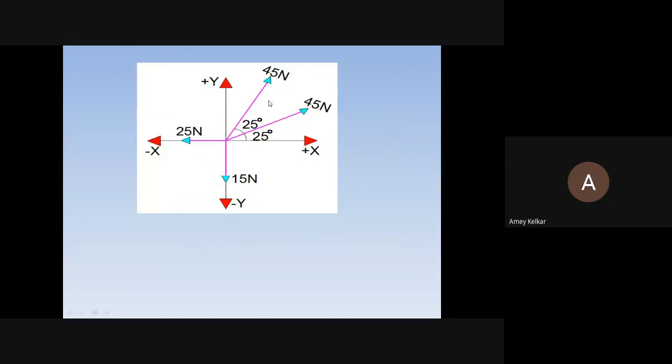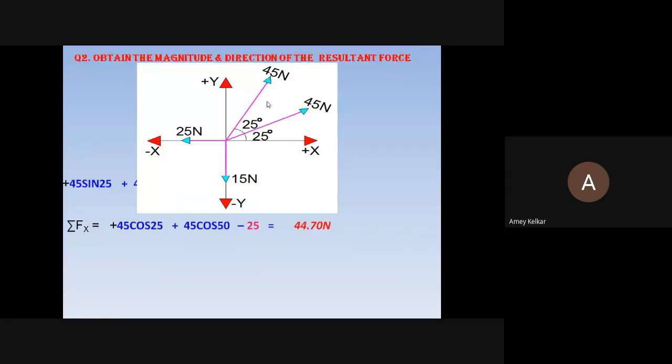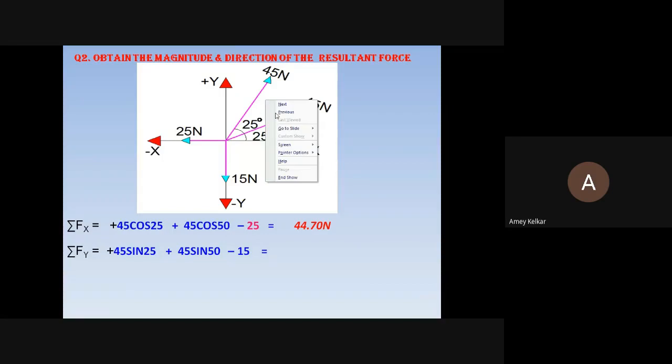Again, first quadrant, the y component will go upwards. 64.70. 38.48. Correct. So we'll write it as 38.48.